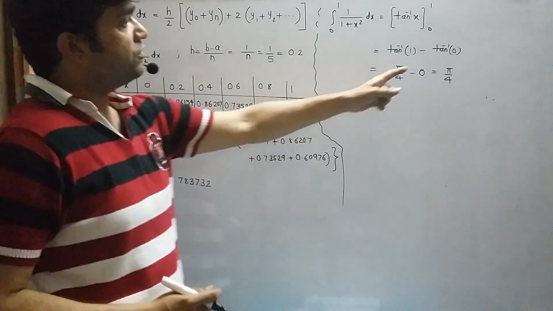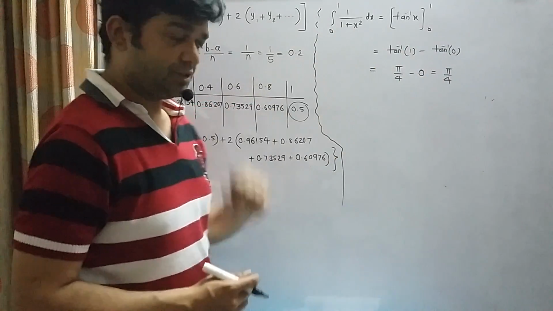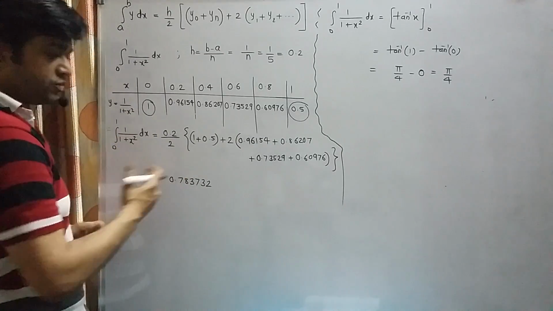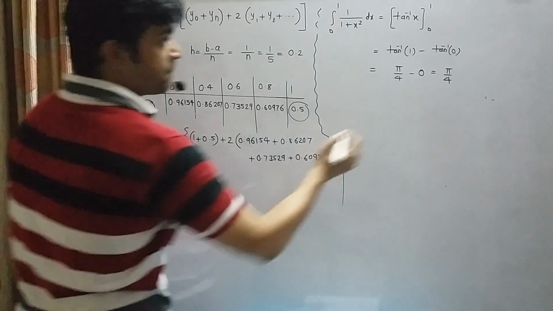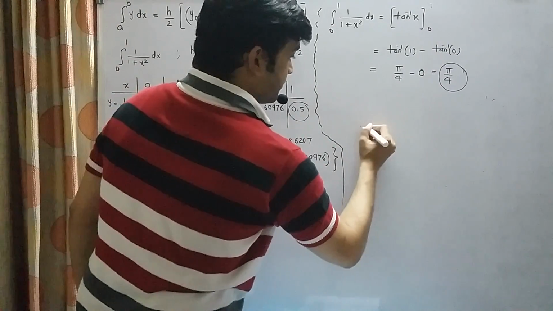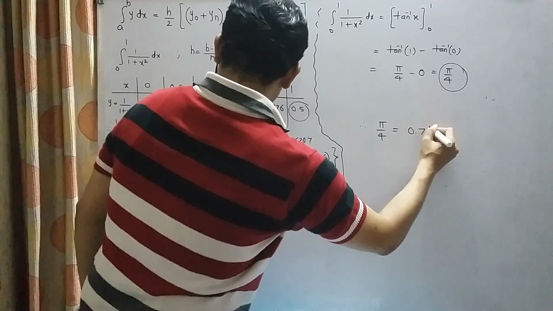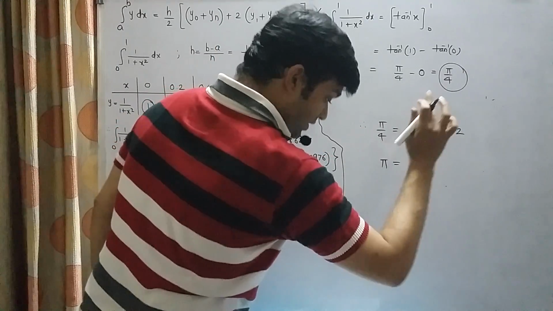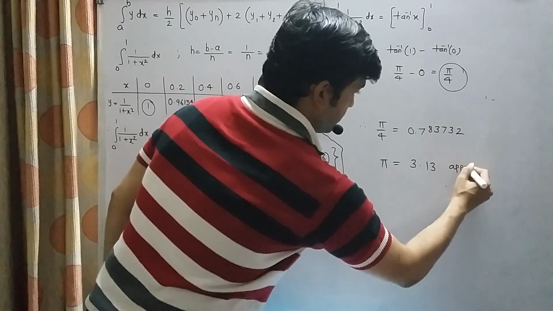Now this is the value of the integral, pi by 4, according to the process of integration, and this is the value of the same integral according to trapezoidal rule. These two values can be equated. So pi by 4 will be 0.783732, and from here 4 into this will give you 3.13 approximately.